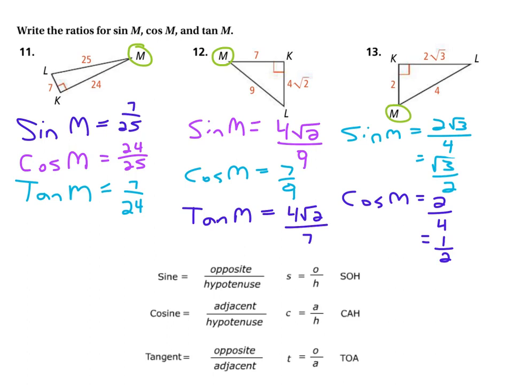And finally, we're going to get the tangent of m is opposite over adjacent. What's opposite m? 2 root 3. What is adjacent to m? Adjacent to m is side 2. And that can be simplified as well. The 2's canceling out, and what you get is just root 3, because these 2 and 2 here, they cancel out.